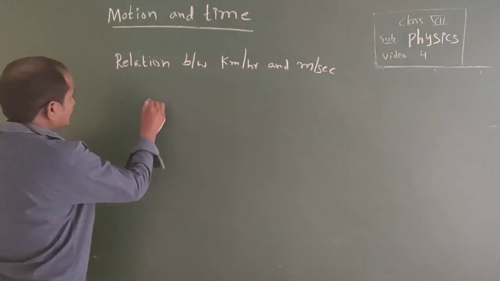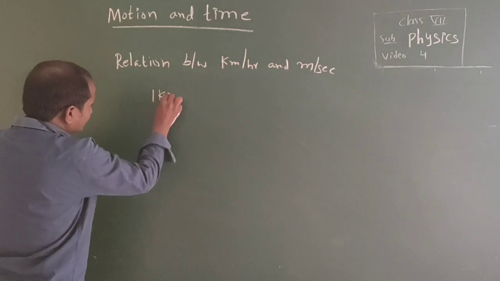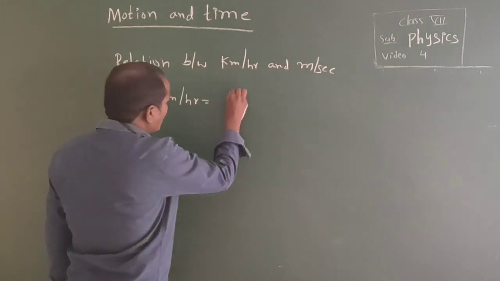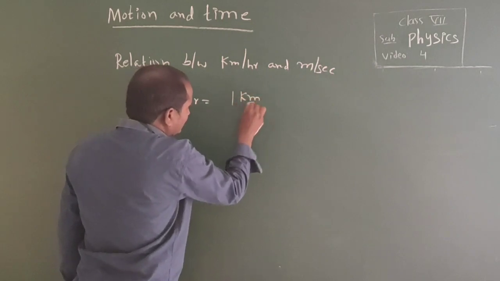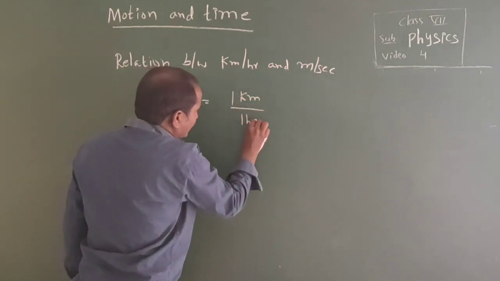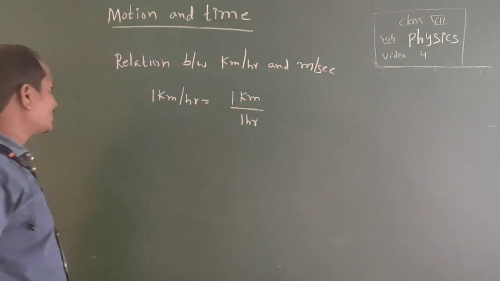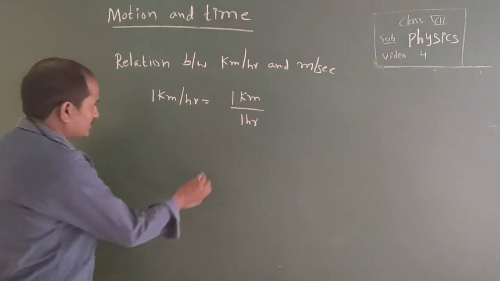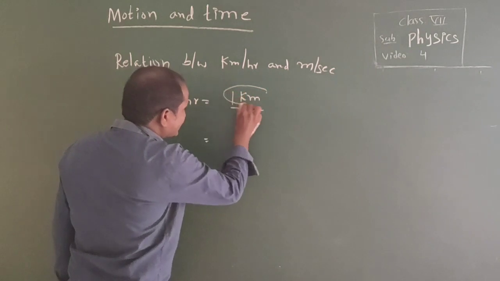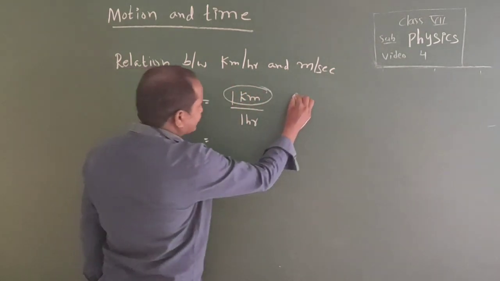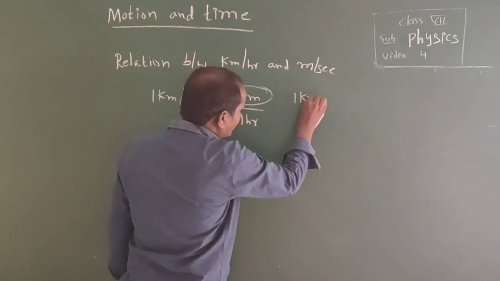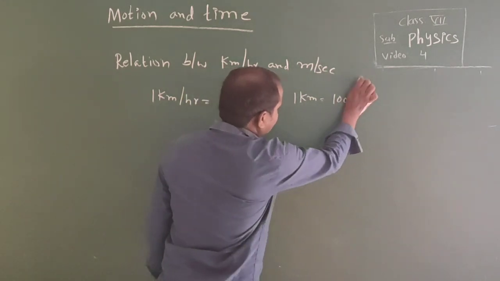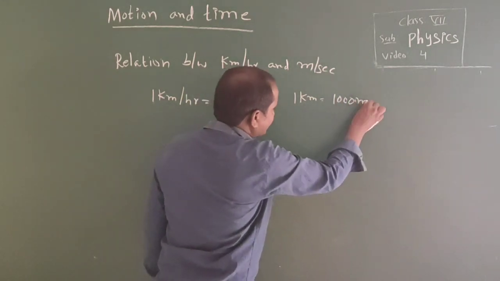Now, 1 kilometer per hour we can write as 1 kilometer by 1 hour. Change 1 kilometer into meters: 1 kilometer is equal to 1000 meters.